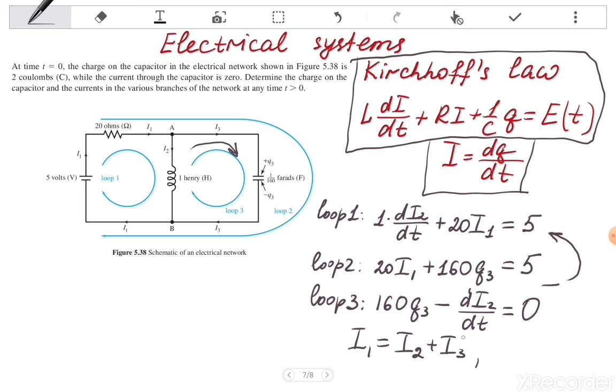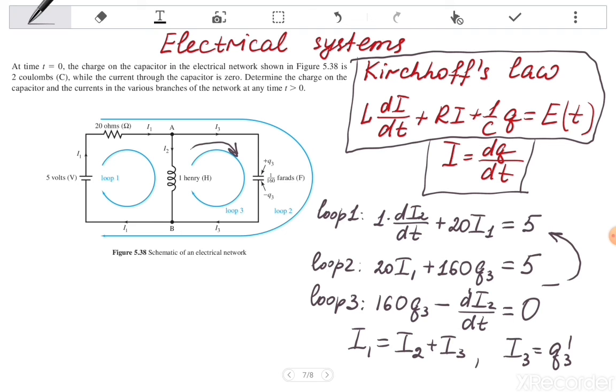Now we need to connect I3 and Q3. The current is the derivative of the charge. So in fact we have 4 equations and 4 unknown functions: I1, I2, I3 and Q3. Let's also think about initial values.